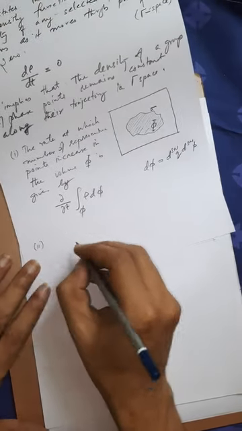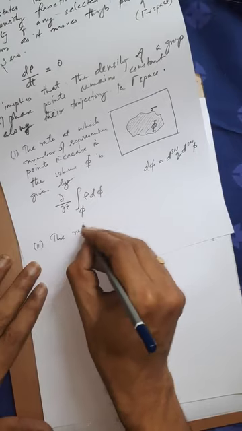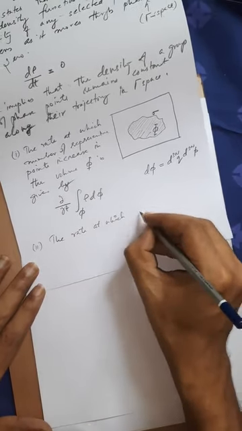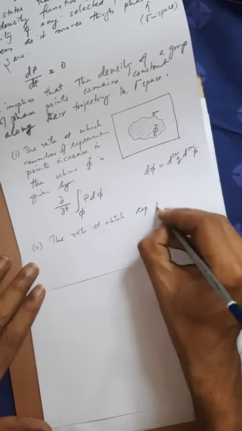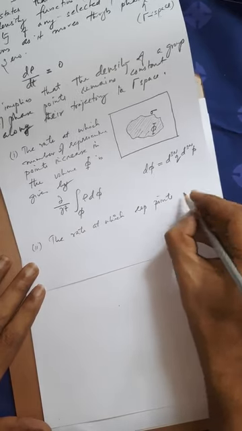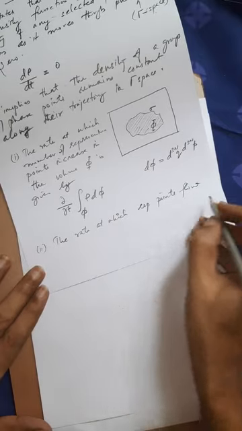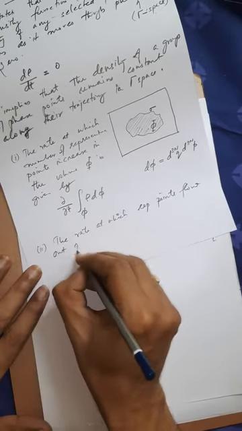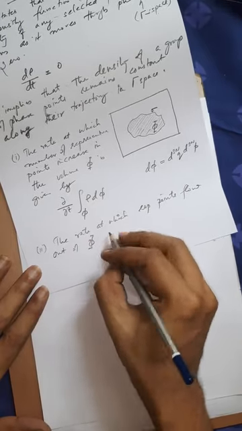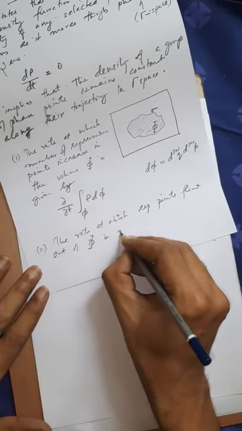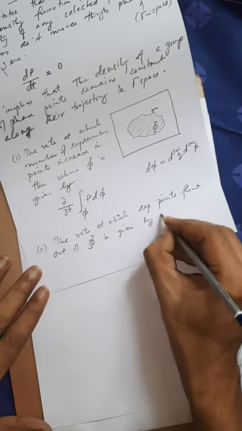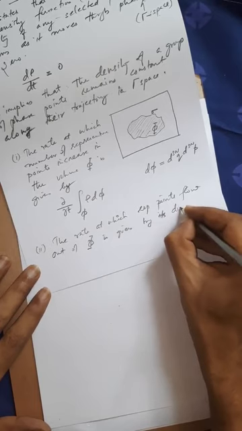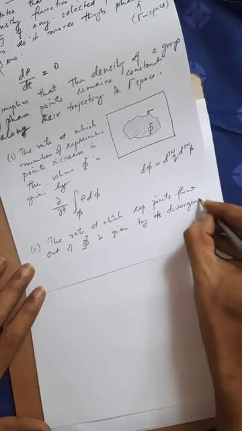So the rate at which the representative points flow out of phi is given by its divergence, right?